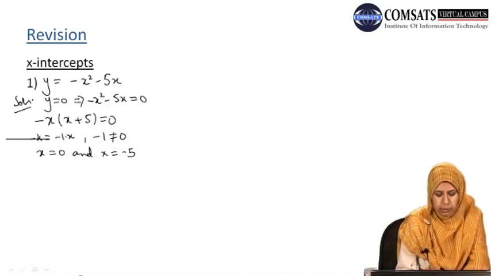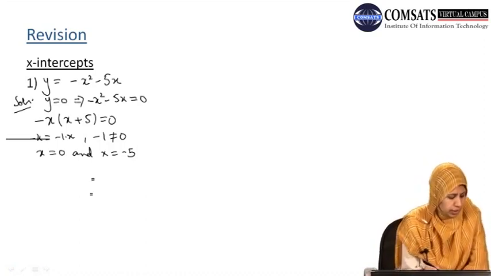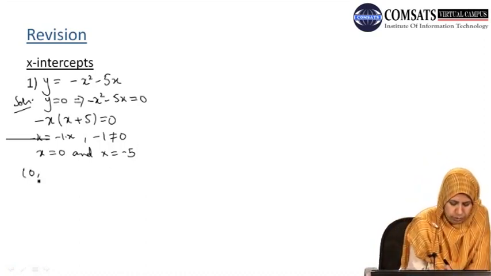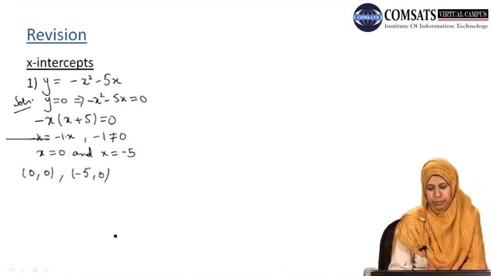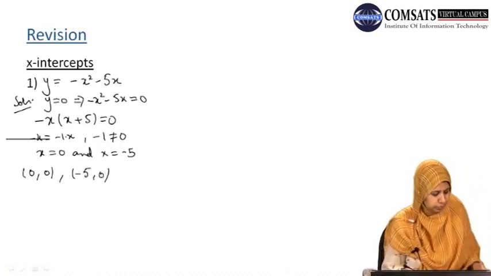So we have obtained the two values of x, or the two roots of x, which are basically the x-intercepts, that is 0, 0, the origin, and -5, 0. Okay.